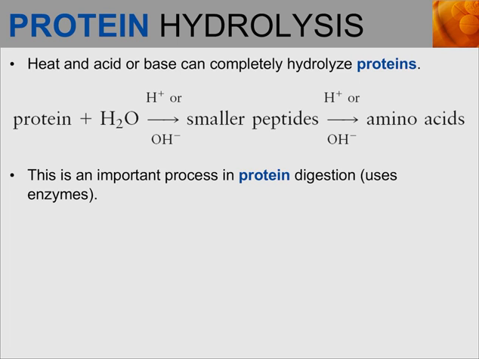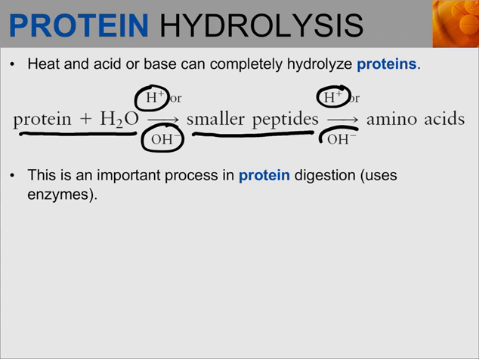For instance, if you had a protein and water, you can hydrolyze it, but you'll probably need an acid or a base to catalyze the reaction. That will break the protein up into smaller peptides. Then you could further divide those peptides up into their specific amino acids using, again, acid or base or heat. This is a really important process in protein digestion, and this typically uses enzymes to help catalyze the reaction.